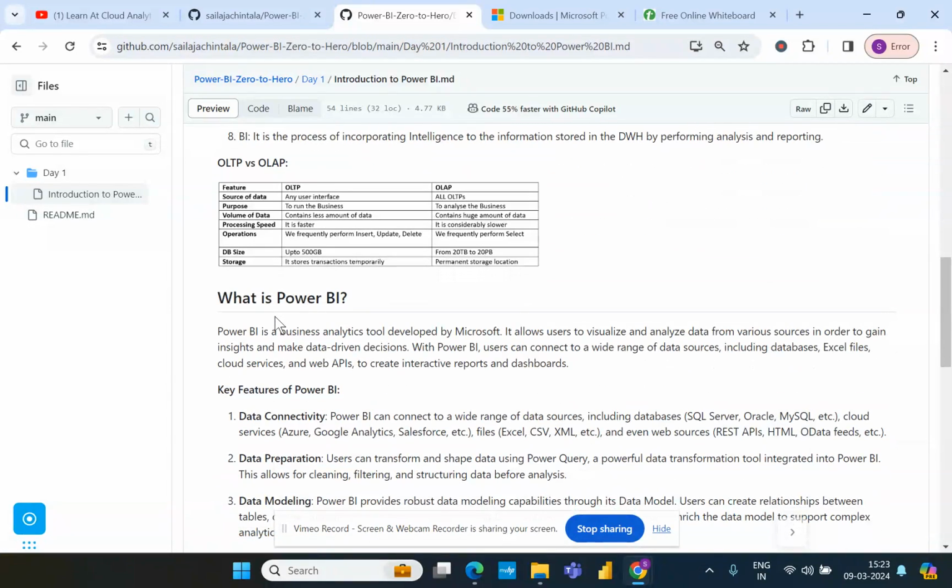Now with that said, let's quickly look at the comparison of both OLTP and OLAP. I've given a few features based on which we can understand this in more detail. The first feature is the source of data. For OLTP, what would be the source of data? Like I said, OLTPs are nothing but user interface databases.